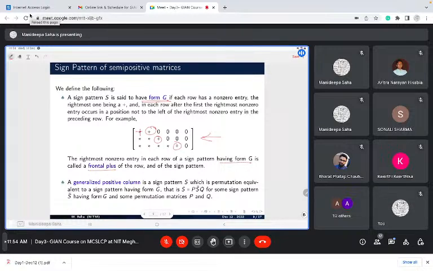And what is a generalized positive column? I'm not talking about a positive column, but this is some kind of generalization of the positive column.